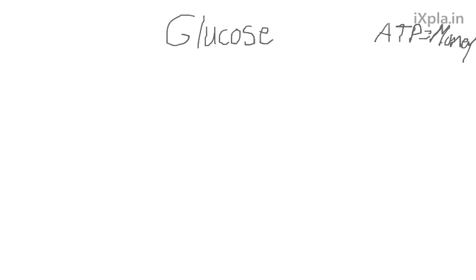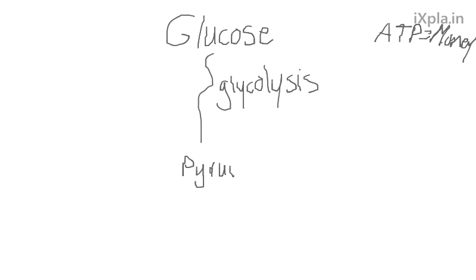So glucose has to first go through glycolysis, which is like using the opportunity. We'll say glycolysis is action. It's a process to form that glucose into energy. The final product is ATP, but first it stops as pyruvate.